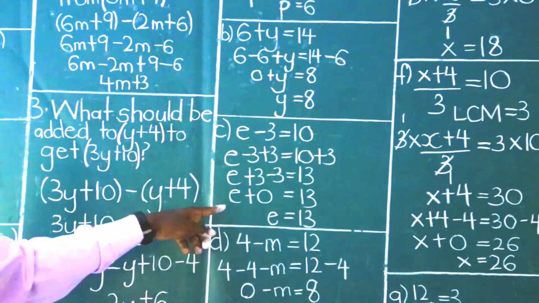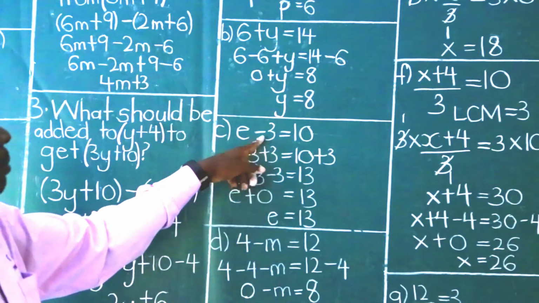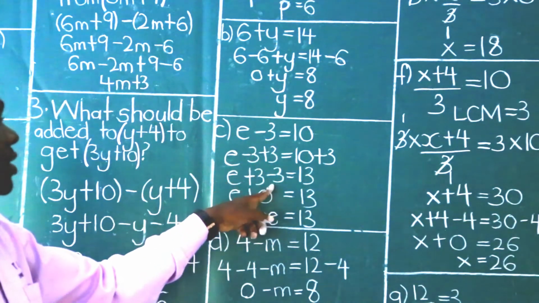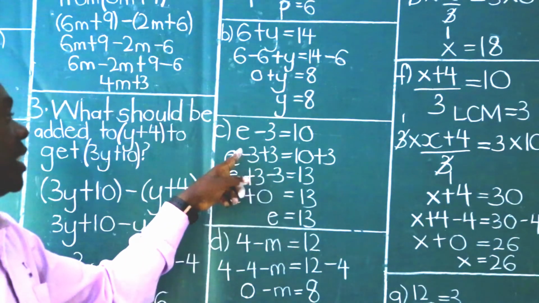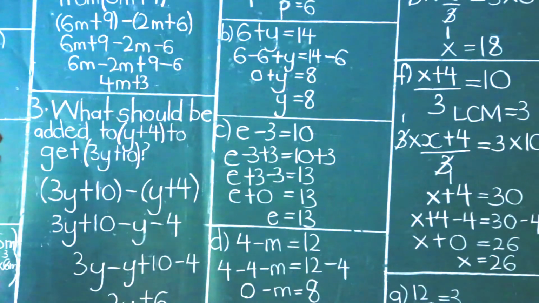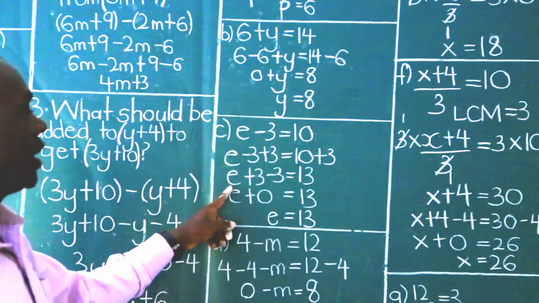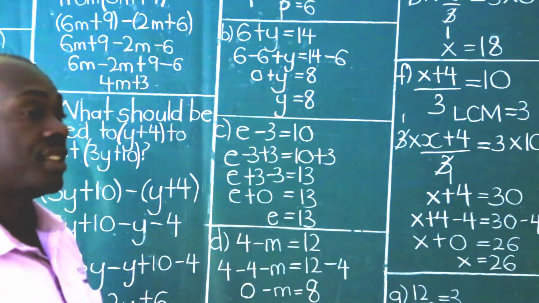And now you order. Normally we start with the positives. The plus comes this side and the minus goes the other side to understand it better. That is E plus 3 minus 3 is equal to 13, where 3 minus 3 is 0. E plus 0 equals 13, where E is actually 13.